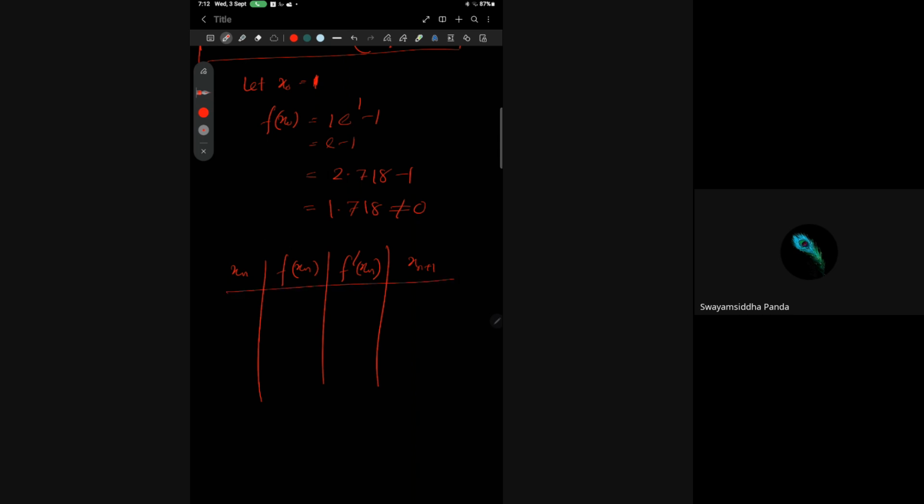First x0 equal to 1, then find f of x0, then f prime x0, then x1. Then write the value of x1, f of x1, f prime x1. Wherever f of xn becomes sufficiently small or close to 0, that x value is the solution.